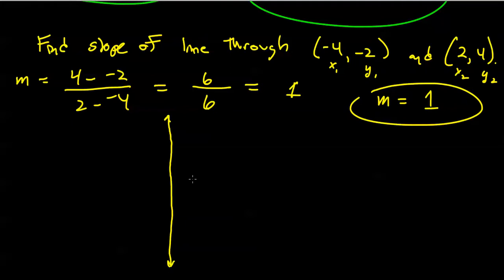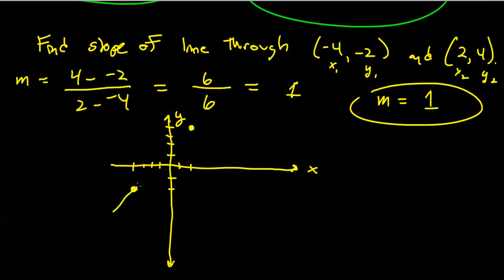So my y-axis, my x-axis. If x is -4 and y is -2, that puts me here. And then if x is 2, y is 4, that puts me here.